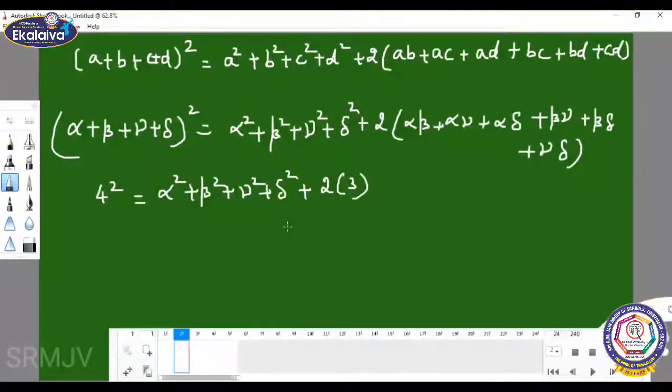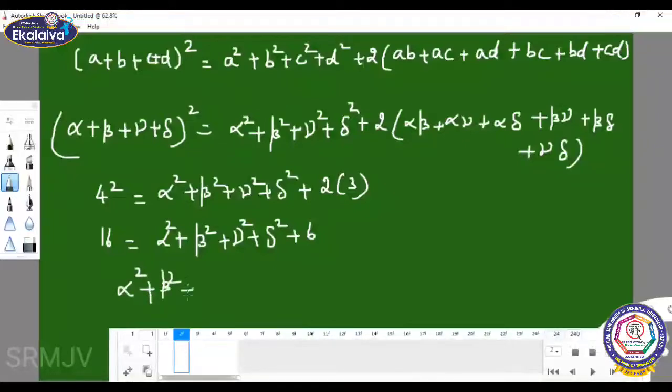So it gives 16 equal to the sum of the squares plus 6.